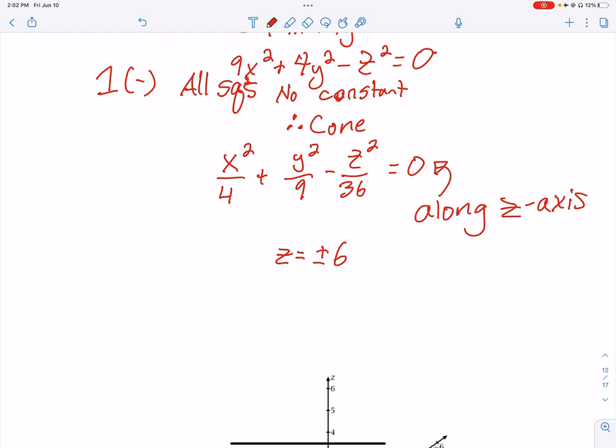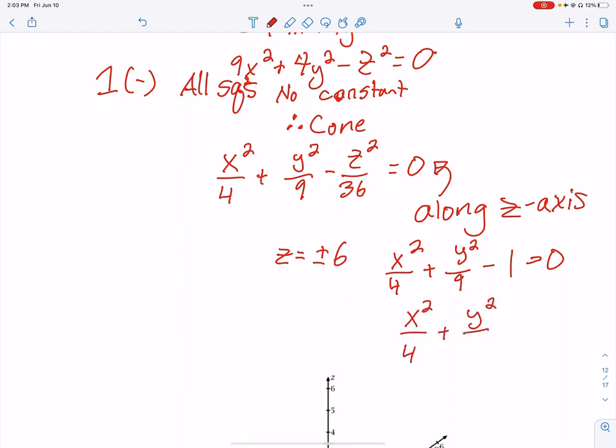So when I plug it in, x squared over 4 plus y squared over 9 minus 36 over 36, which is 1, equals 0. That leads me to x squared over 4 plus y squared over 9 equals 1.